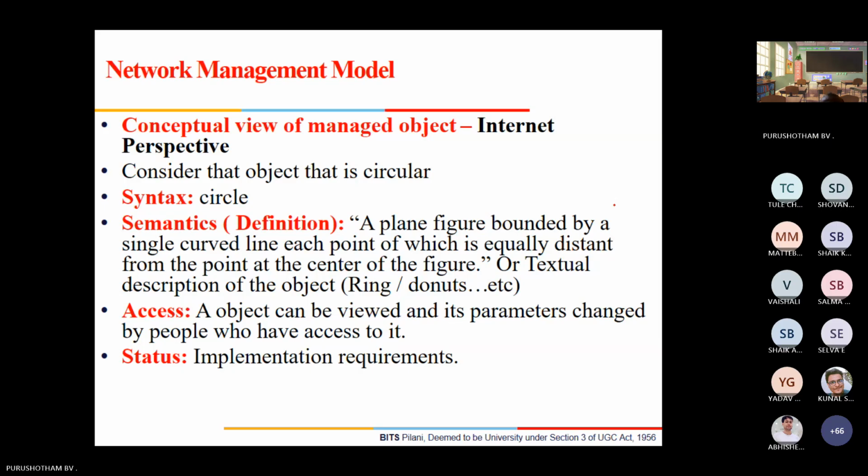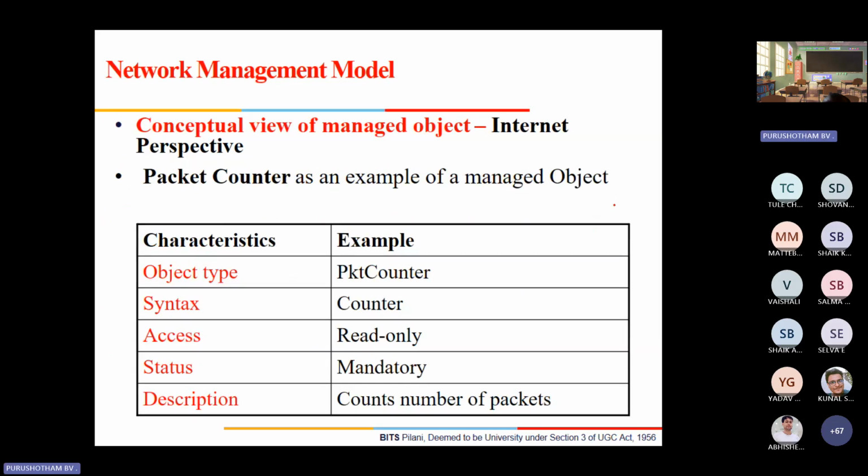Access: an object can be viewed and its parameters changed by people who have access to it. Status, implementation requirements, that's the status of it.